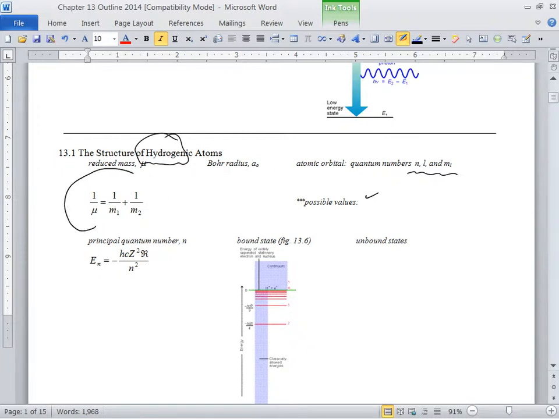If it's a hydrogen atom, what two subatomic particles are we talking about? Proton and electron. So for the reduced mass, since we're not talking about translation but rotational motion, we need to use the reduced mass instead of just the mass of the entire atom.